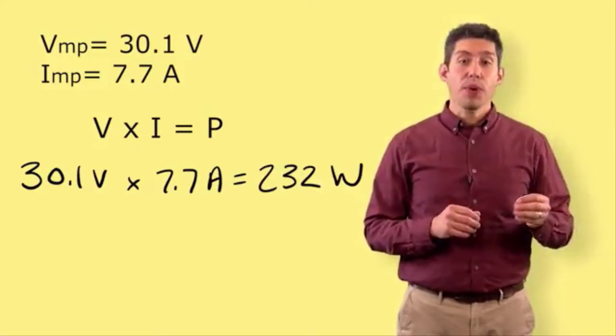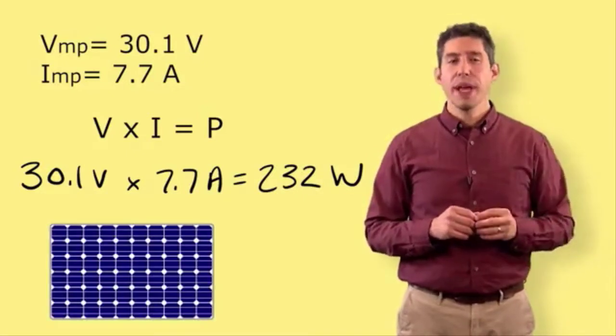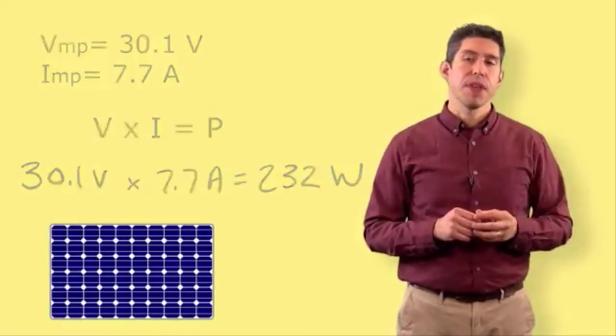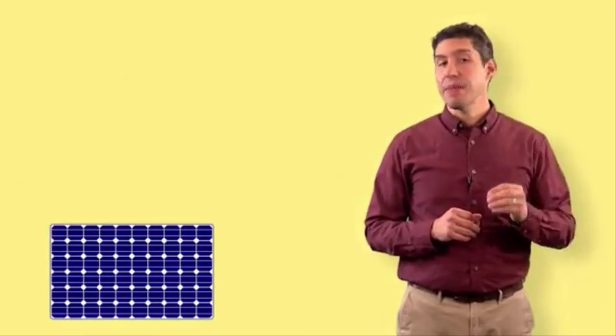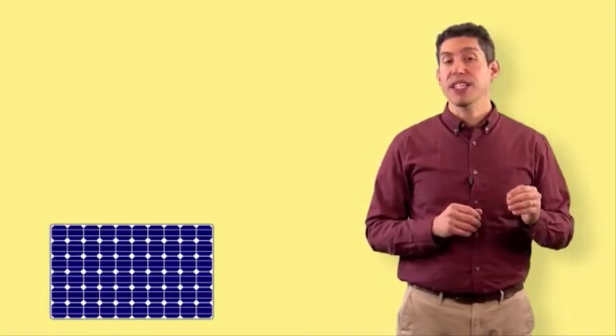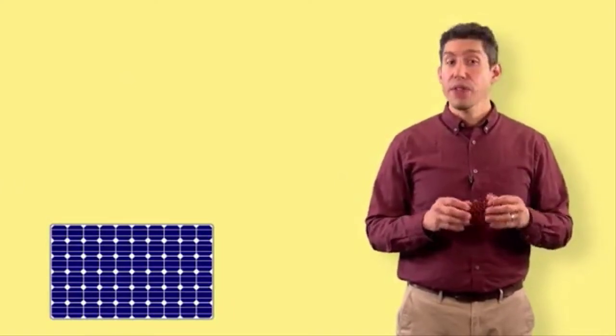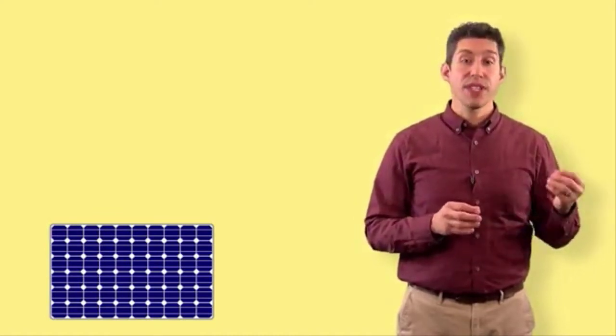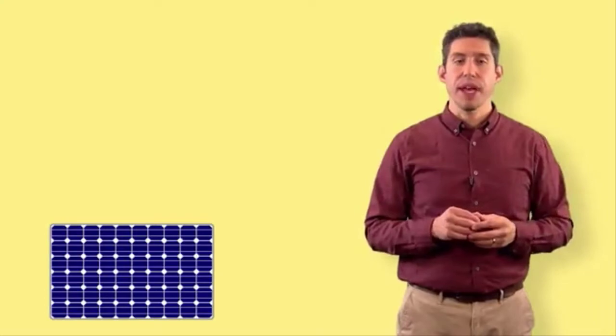That would be the output wattage of this individual panel, but that needs to be adjusted for standard test conditions. The VMP and IMP are based off of standard test condition light levels. However, the panel is not 1 square meter in size, so we'll have to adjust for the size of the actual photovoltaic panel.